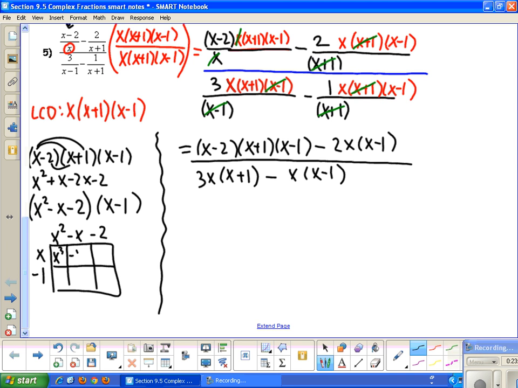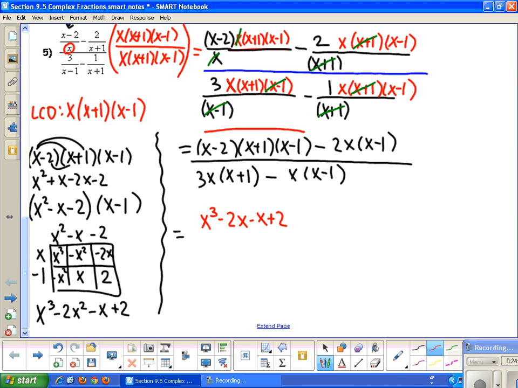This would be x cubed minus x squared minus 2x squared plus x plus 2x, wait, so then I get x cubed minus 2x squared minus x plus 2. So that's going to be the first part. So I just did this whole FOIL part out right there.